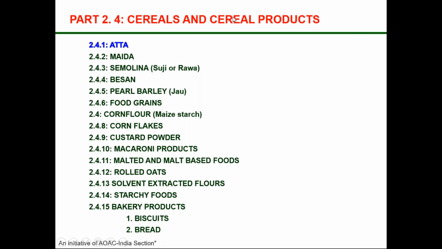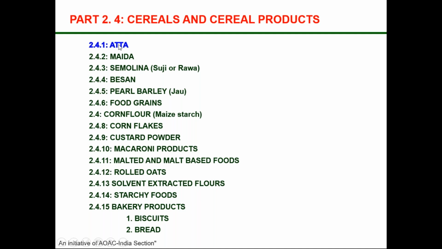It is a product of wheat. We also have standards for rolled oats, starchy foods such as tapioca or sago, the sabudana, as well as biscuits and bread, because these are cereal products.